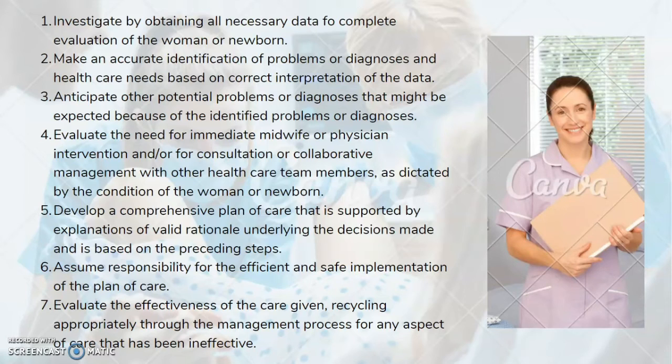Develop a comprehensive plan of care that is supported by explanations of valid rationale underlying the decisions made and is based on the preceding steps. The sixth, assume responsibility for the efficient and safe implementation of the plan of care.